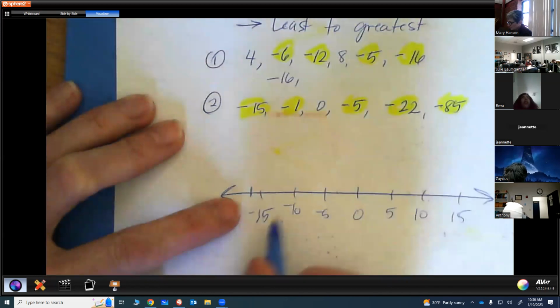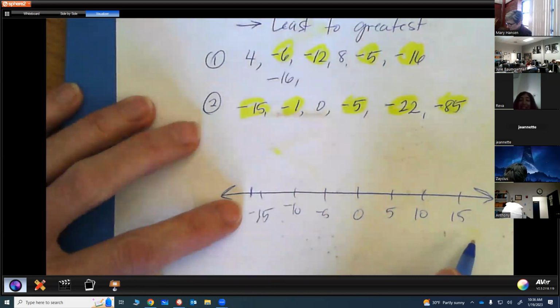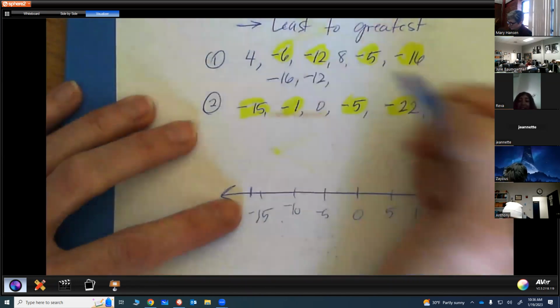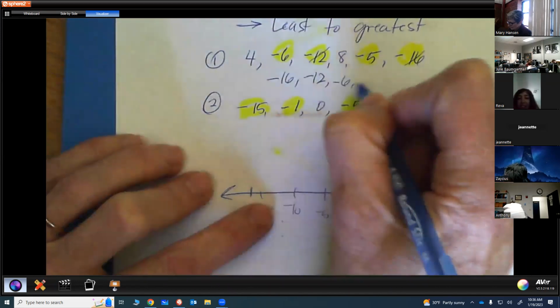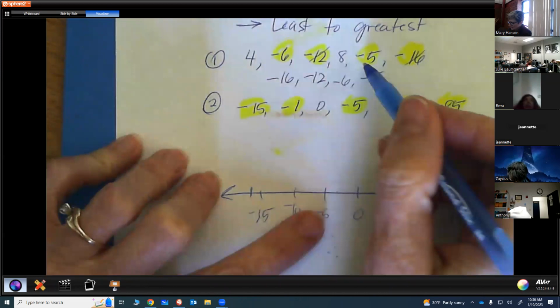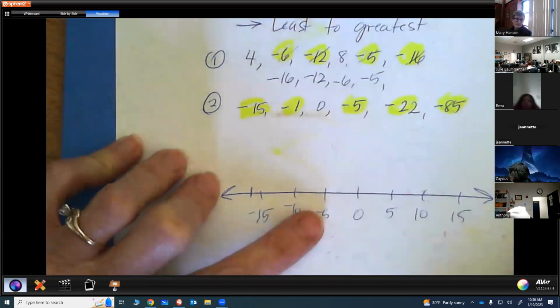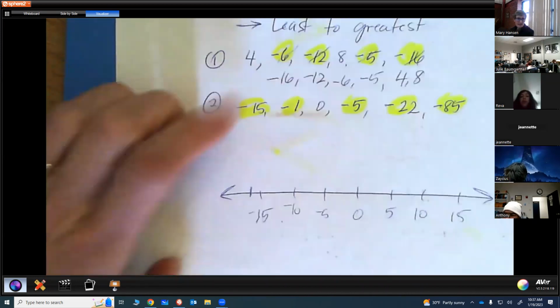And as I move to the right and get bigger, the next number I'm going to encounter is -12. And then -6, -5. And now I've done all of my negatives, and positives most people don't have too much trouble with. I stick them on the end.